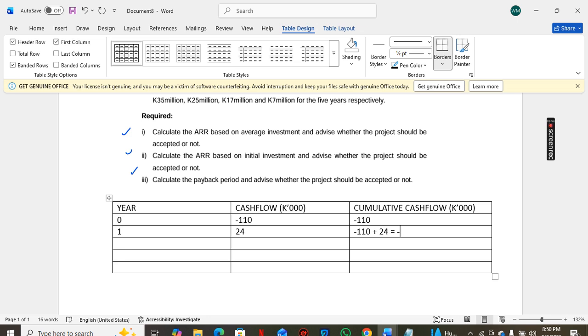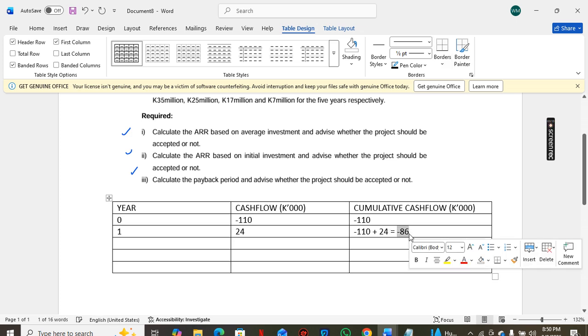Negative 86. So 86 million is remaining to be recouped.